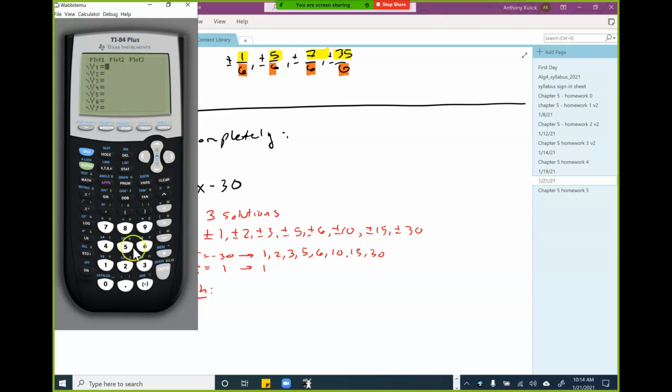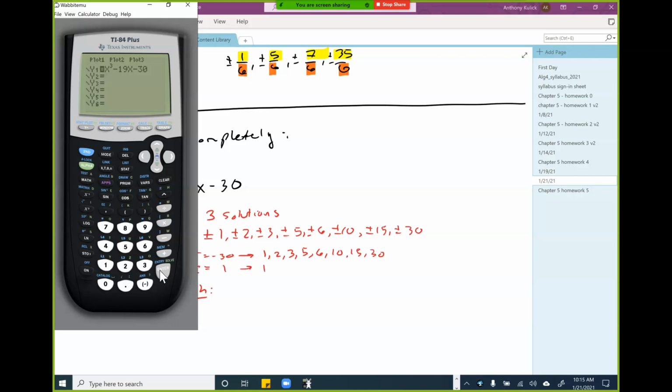So the smallest number is negative 30. The biggest is positive 30. Everybody's okay with that? So I want the ends of my x-axis to be negative 30 and positive 30. And for the y, all I care about is being able to see the x-axis, so I just need one y to be negative and the other y to be positive.